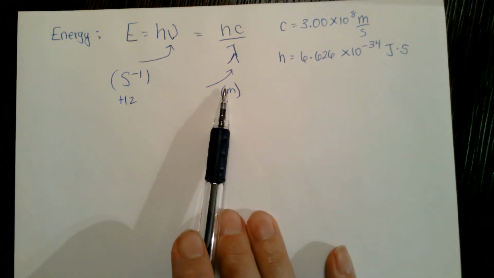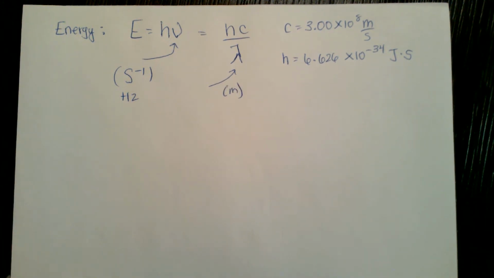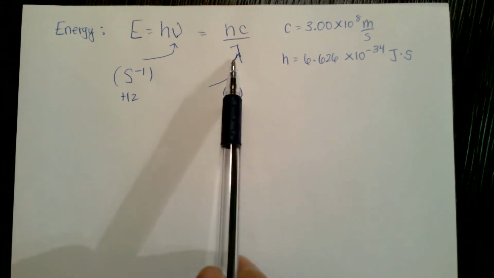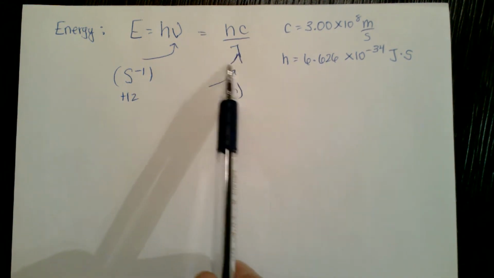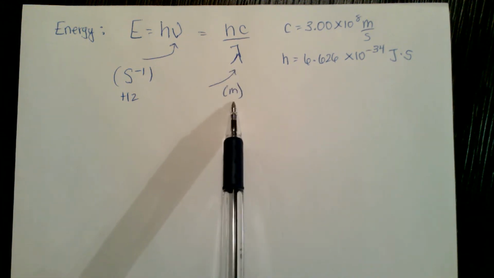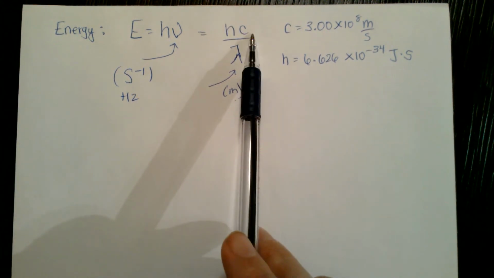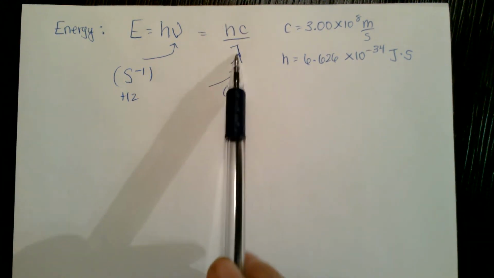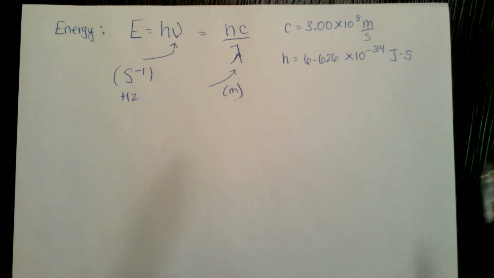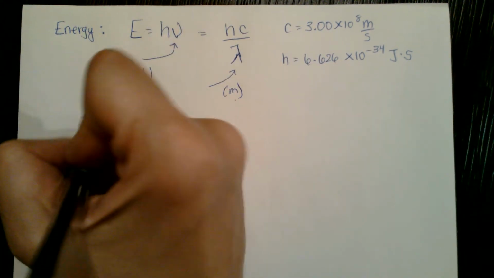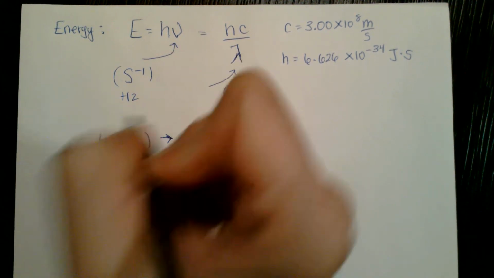But we're going to see that a lot of times when we're dealing with atmosphere, gases, and light, most of our wavelengths are in the visible and the ultraviolet, and these are measured in nanometers. So there's an expression where we can take h and c and put it in terms of nanometers instead of meters.